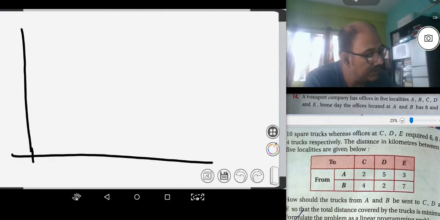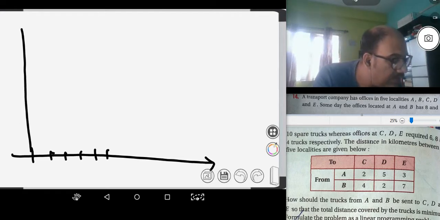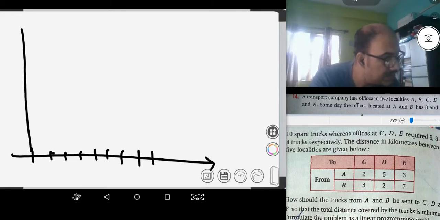So let's draw the graph. 1, 2, 3, 4, 5, 6, 7, 8. So x is less than or equal to 6.